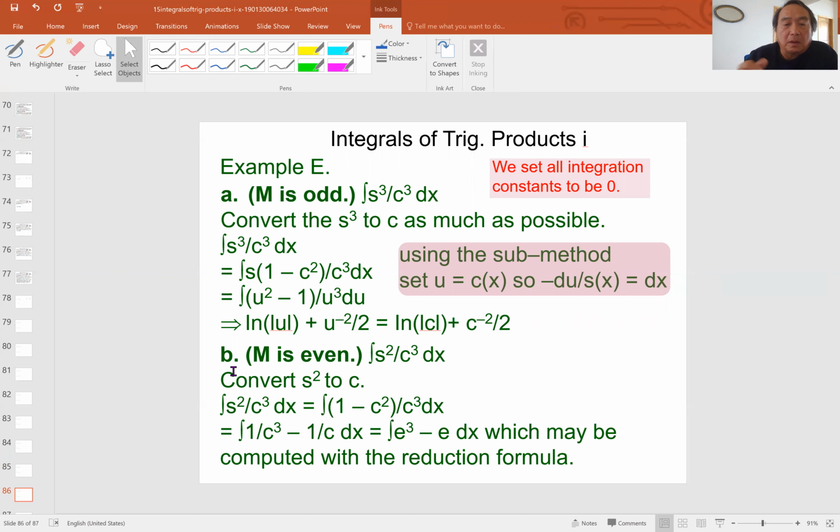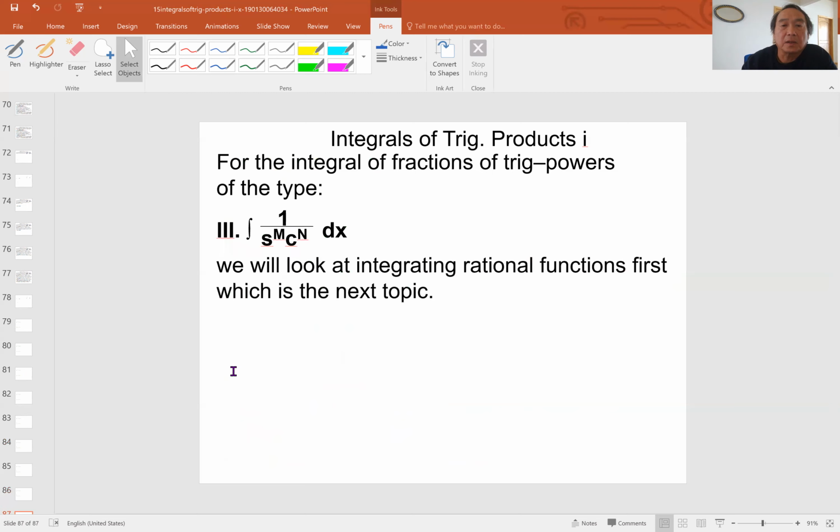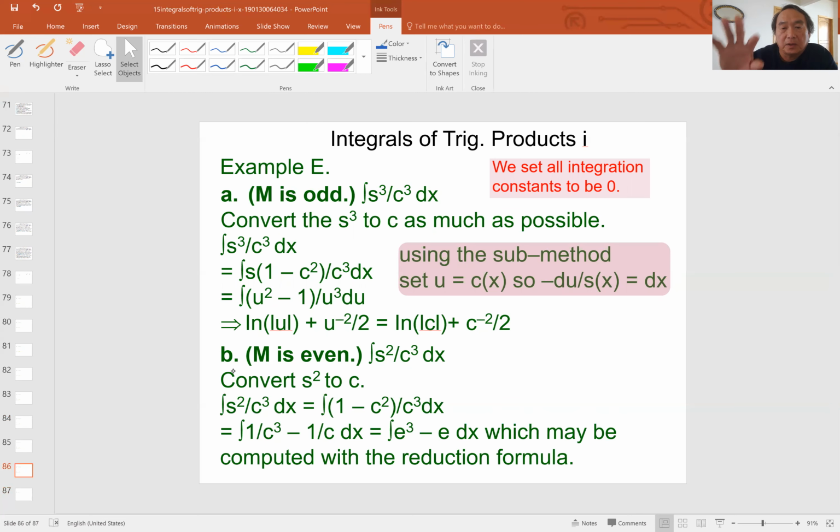So I'm integrating powers of secant, and I use the reduction formula for secant until the answer is done. That's basically how we deal with those cases.